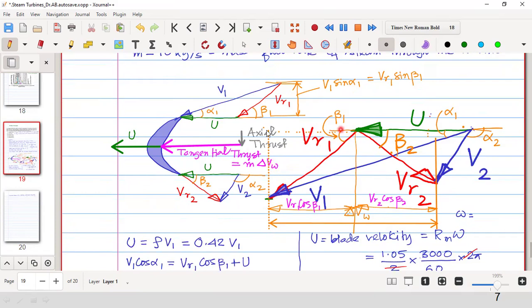And along the tangential direction, it will be cosine of that angle, because the angle is taken from the tangential direction. That is why the component along the tangential direction will always be cosine of that. And perpendicular to that, in the axial direction, it will be sine of that. Okay. Because all the angles are taken from the tangential direction.